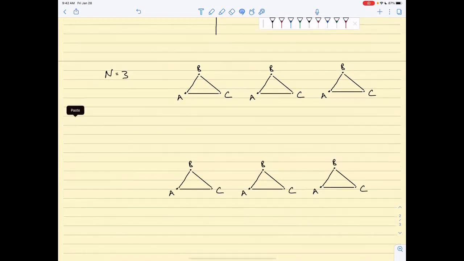We just calculated that. It's 3 times 2 times 1 equals 6. So I just drew 6 triangles.